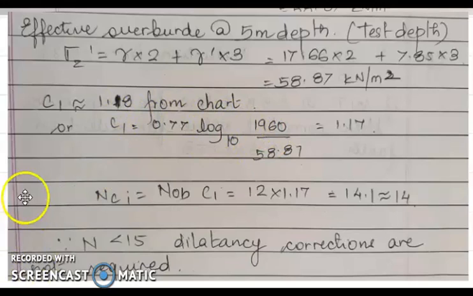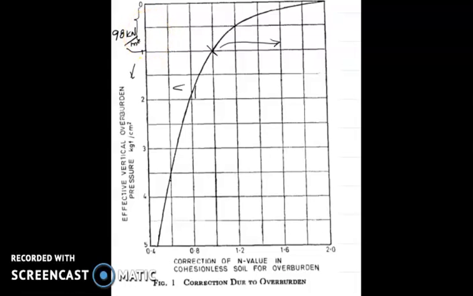You can refer to the chart which is there in your reference books, because this is in kilonewton per meter square. I don't want to go back to the same chart, but roughly I can always show you. 58.87 is nearly 60, so I can consider the line to be somewhere here.